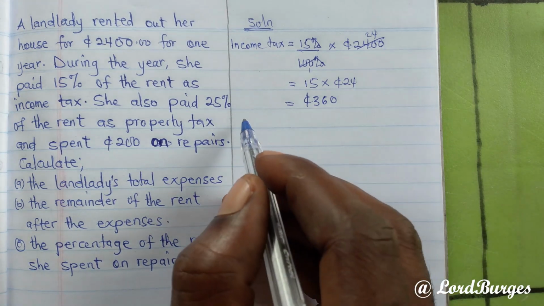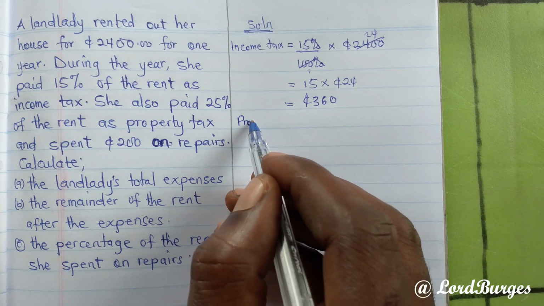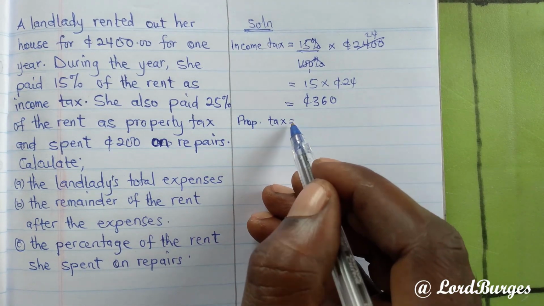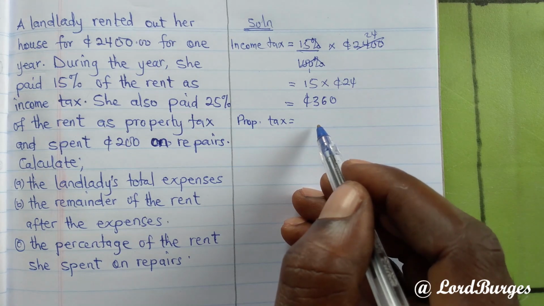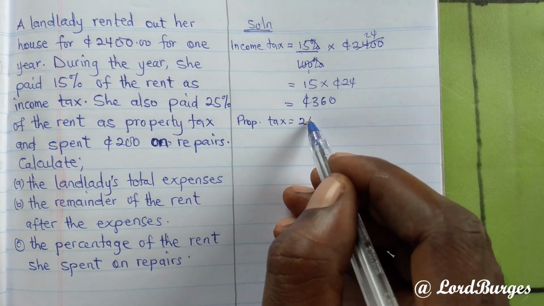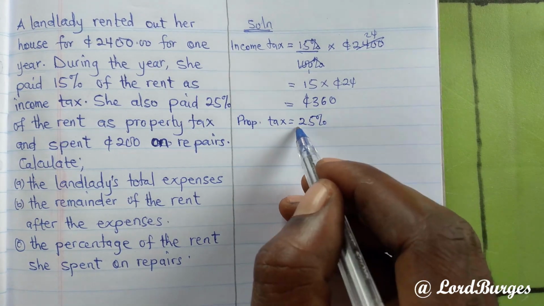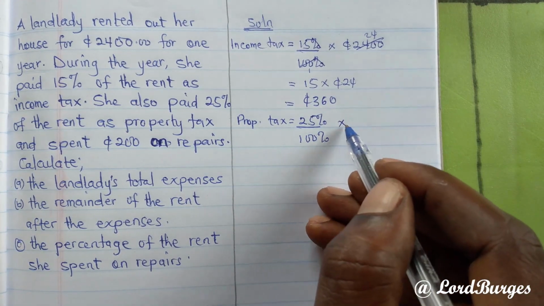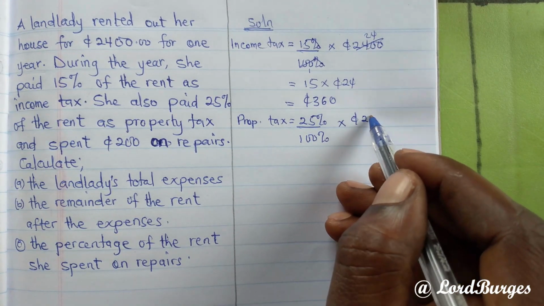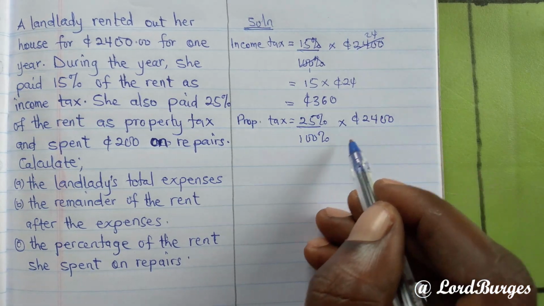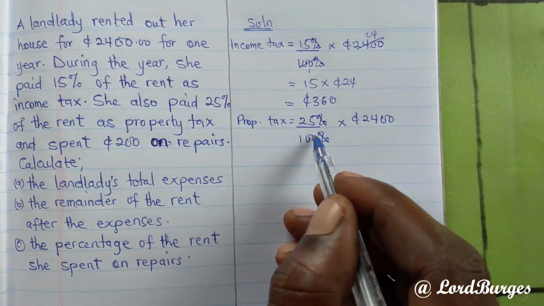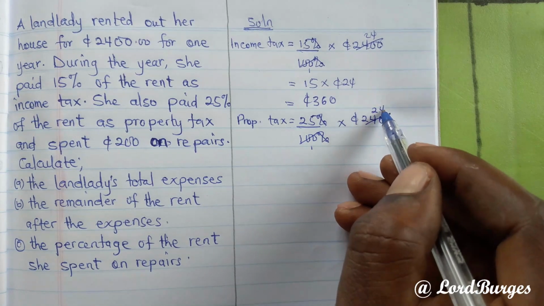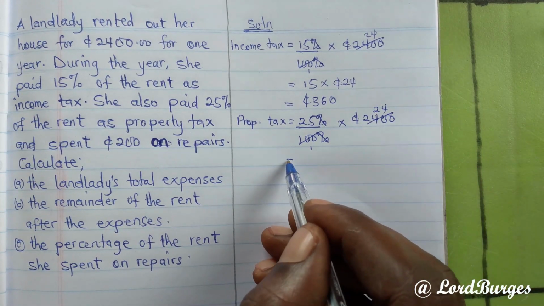Now, looking at property tax, will also be 25% out of 100% by 2,400. 100 into 100 is 1, 100 into 2,400 is 24.